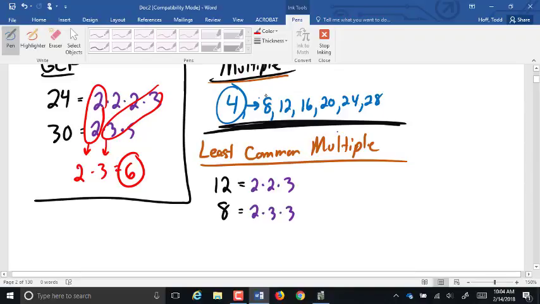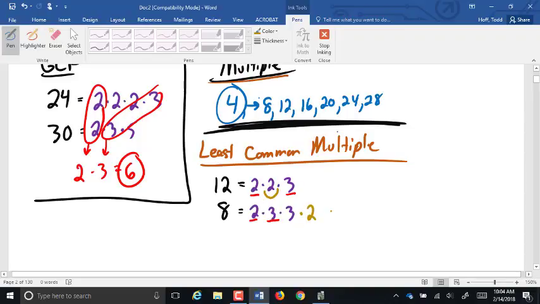Now, just like we did with the greatest common factor, we still start out with the ones that are in common, but that's not where we're going to stop. So we've got a 2 in common, they've got a 3 in common. From there, we look at the ones that are not in common, the ones that are left over. The 12 has an extra 2 in it, doesn't it?